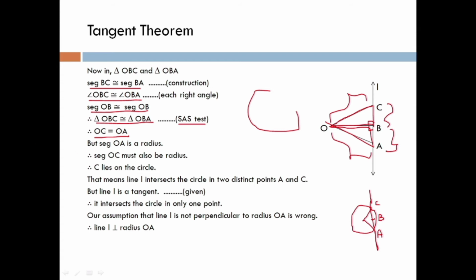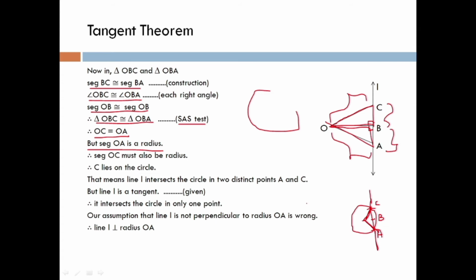So as I said, OC is equal to OA, but segment OA is a radius, right? If this is the radius, this will also become the radius, right? They are equal. So C lies on the circle. That means line L intersects the circle in two distinct points, that is C and A. But line L is a tangent.